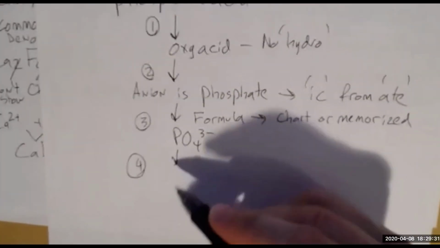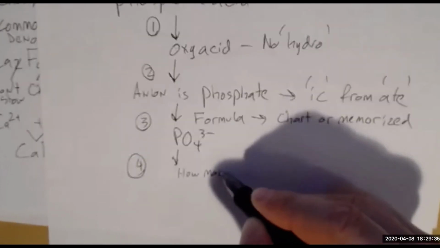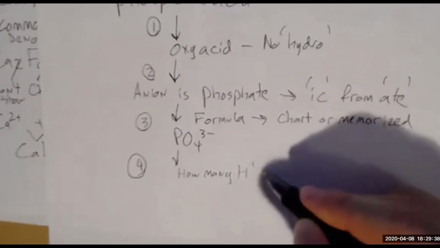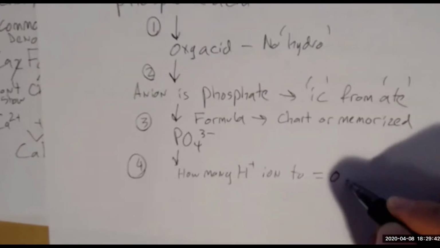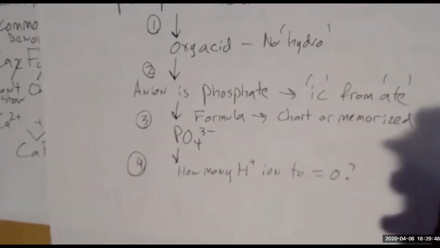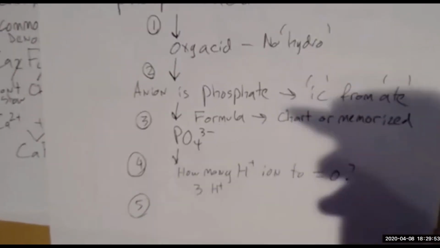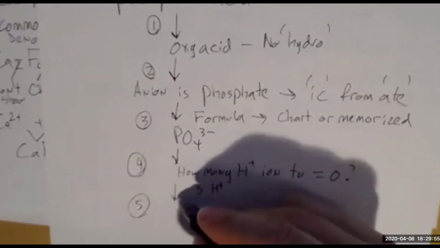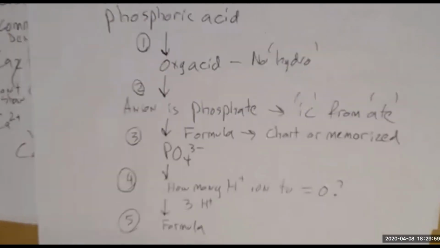Then the next question is how many hydrogen ions do I need to equal 0? 3 H pluses. So finally the formula is H3PO4.